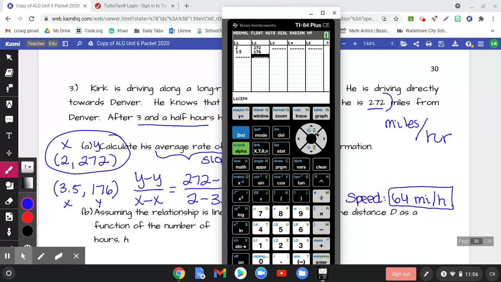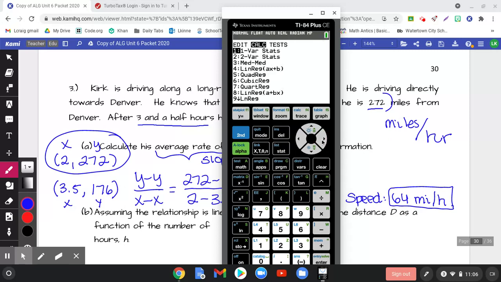We're still talking about a linear equation. So we're going to hit Stat, go to Calc, choose choice 4, negative 64. All right. And look what else is there. That's going to come in handy too. I'm going to write that down.